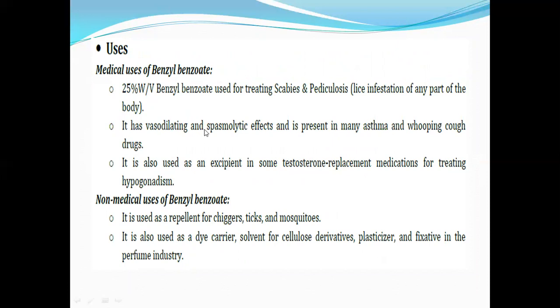It is also used for its vasodilating and spasmolytic effect, and it is present in many asthma and whooping cough drugs. It is also used as an excipient in some testosterone replacement medications for treating hypogonadism.